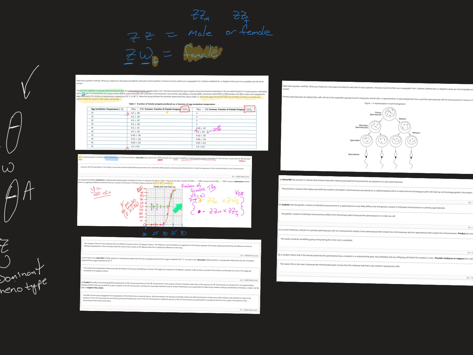At closer to 25 degrees, it's going to be genetics. Temperature doesn't seem to be having an impact on, well, we'll see. But in any case, ZW has to be female, ZZ can be male or female.